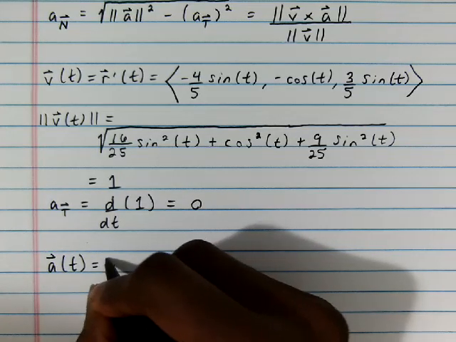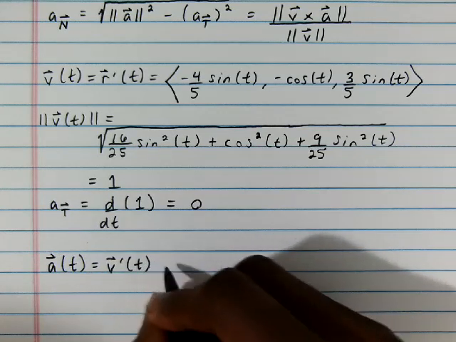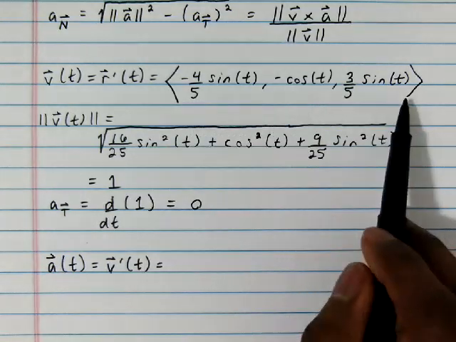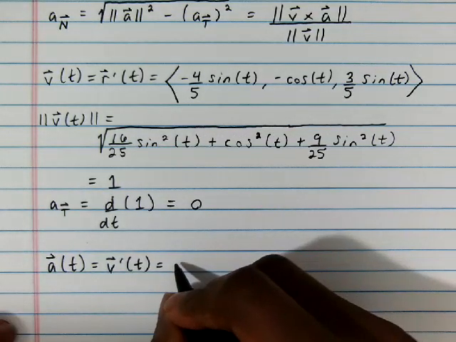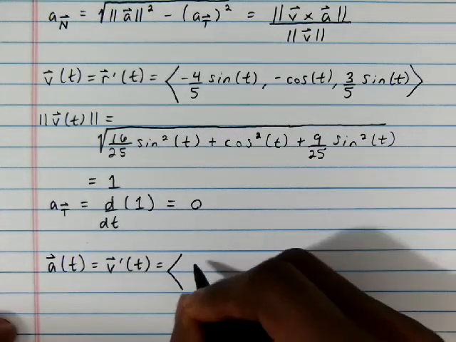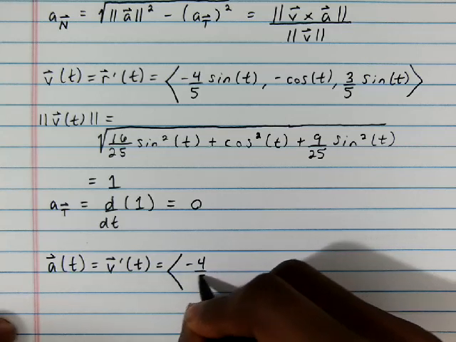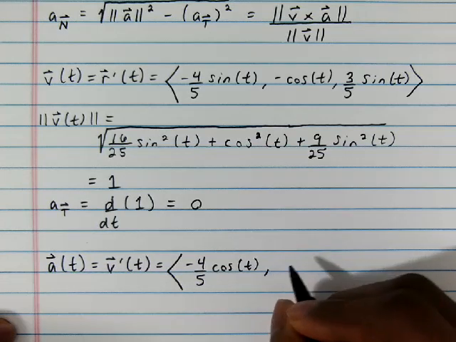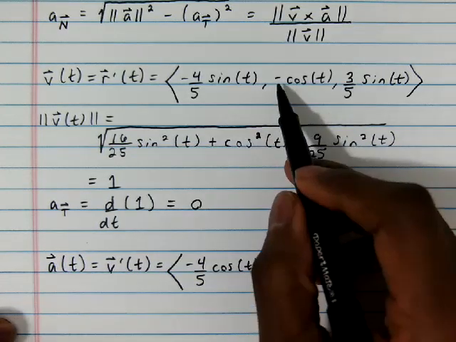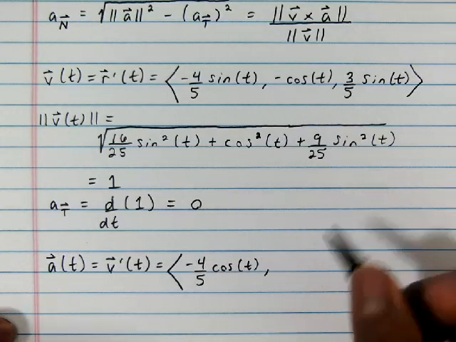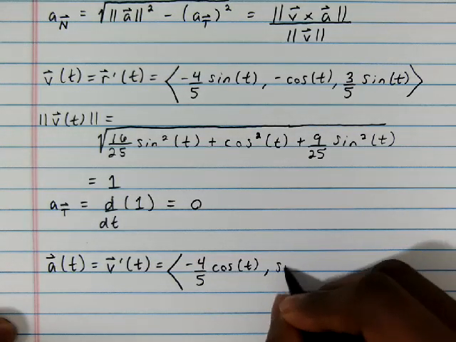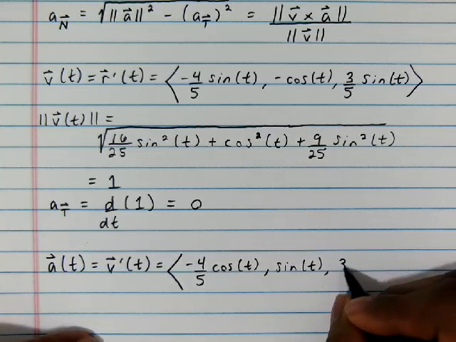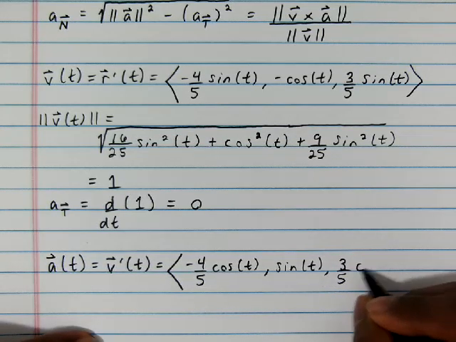So now I'm going to take the derivative of this vector right here that we had, and we're going to get -4/5 cosine t, and then negative sine t, so we're going to get sine t, and then 3/5 cosine t.